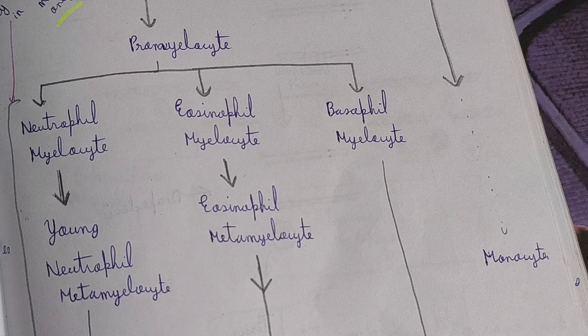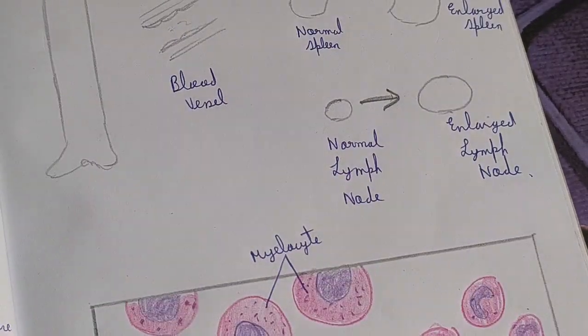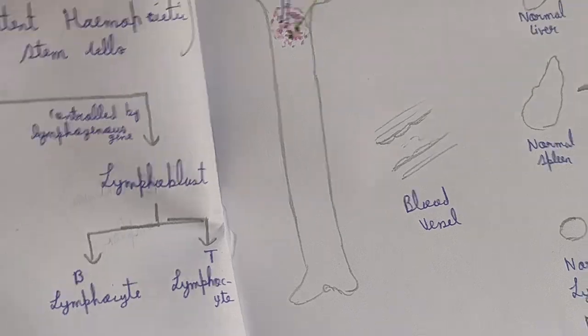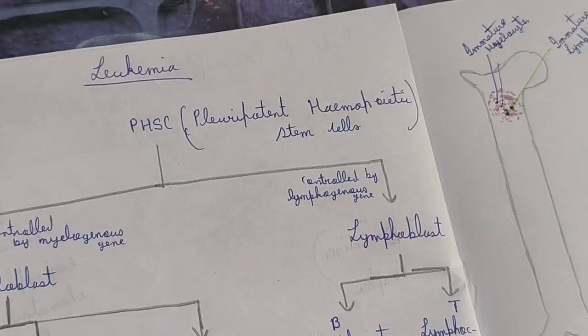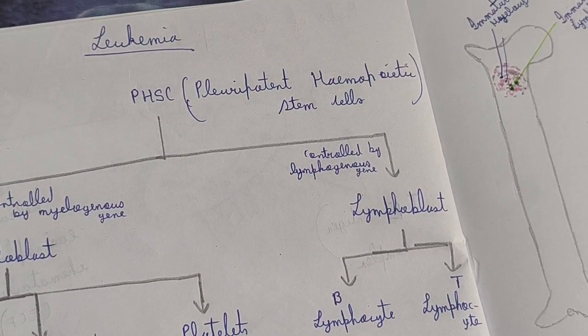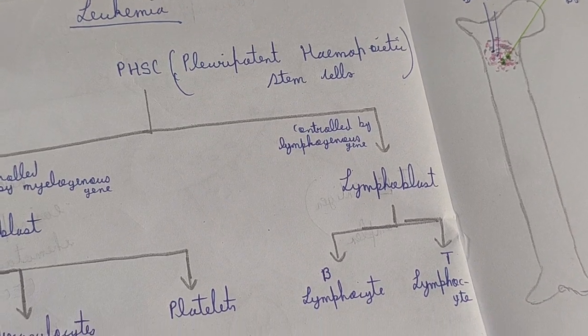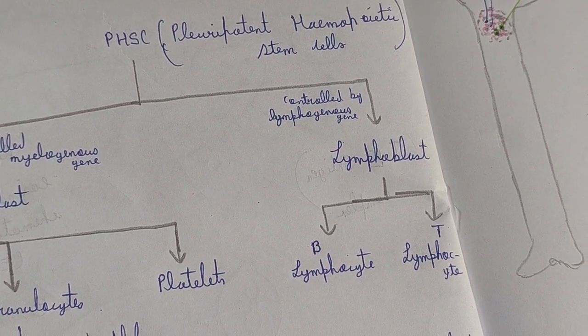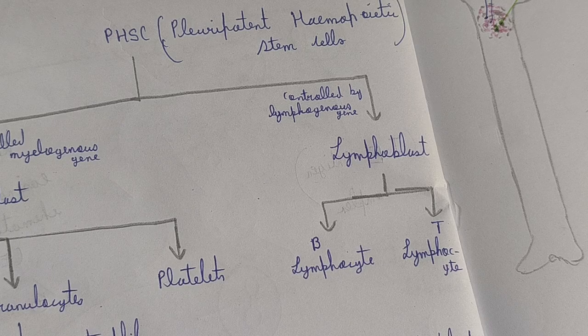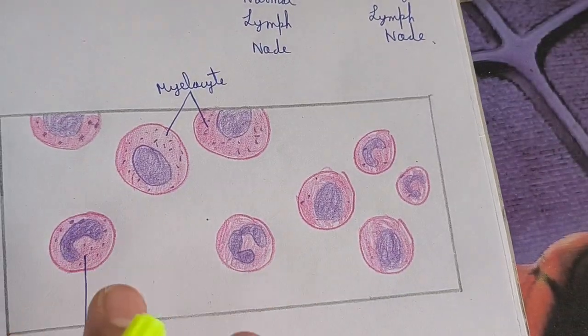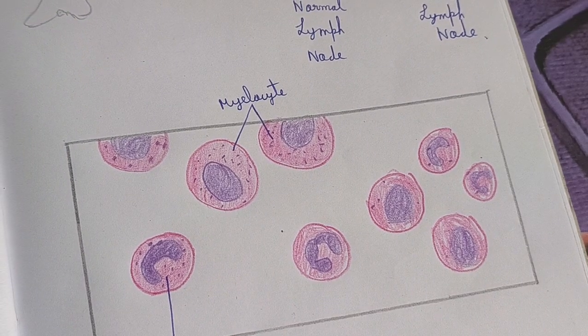But now I'm going to teach you leukemia. In case of leukemia, which is an abnormal condition, these myelocytes will appear in the blood, and through examination of a peripheral blood smear you can see the proof.